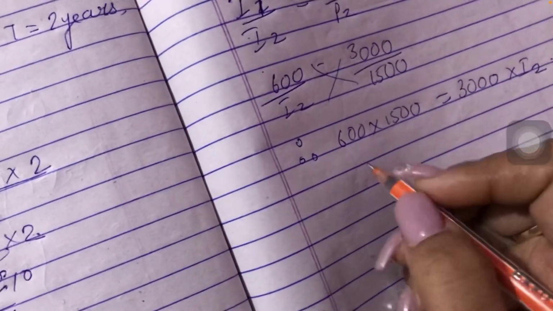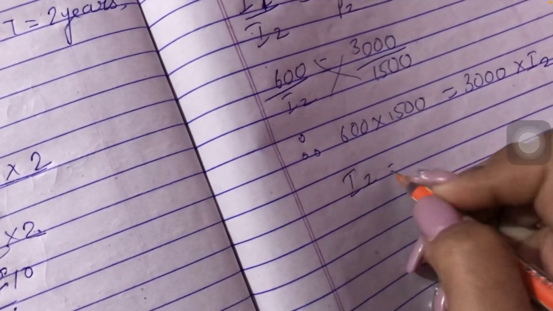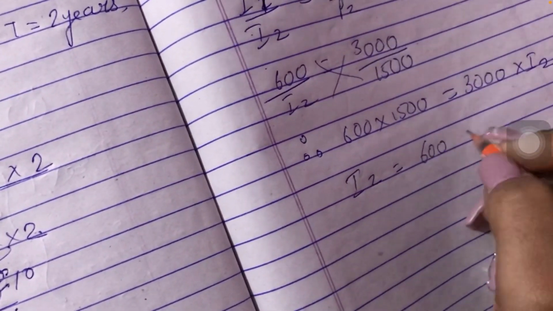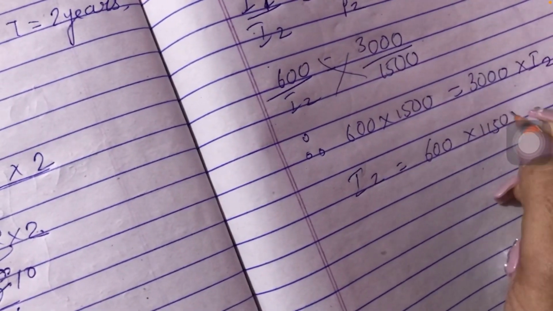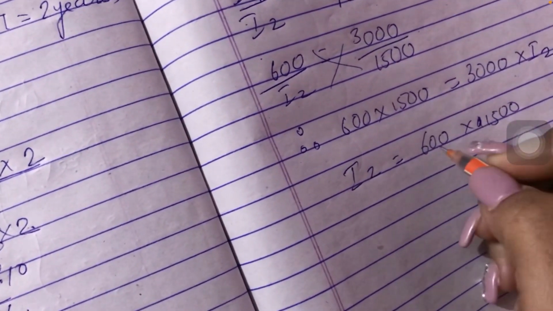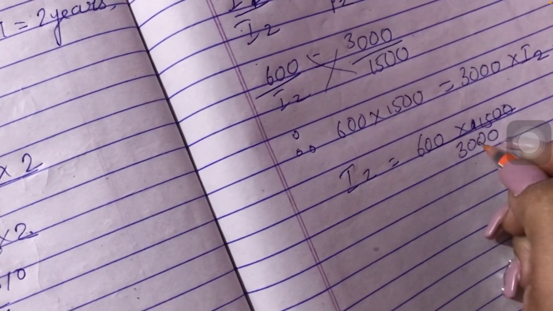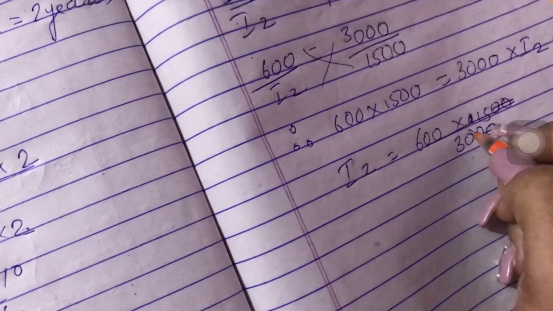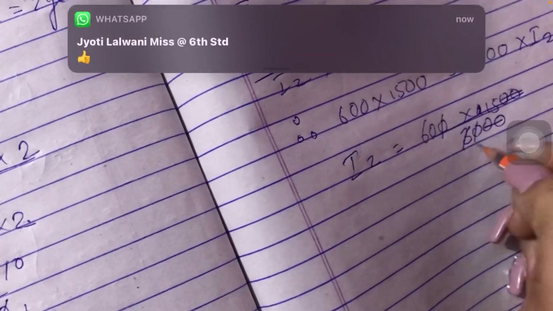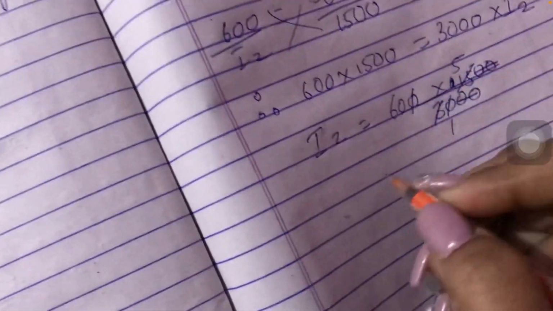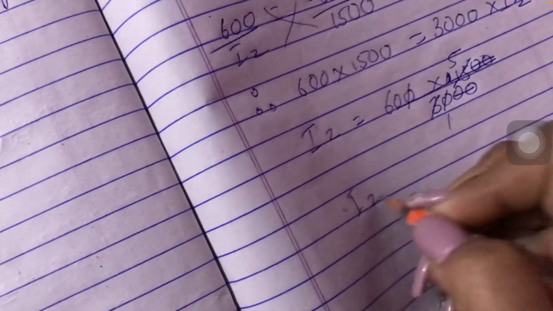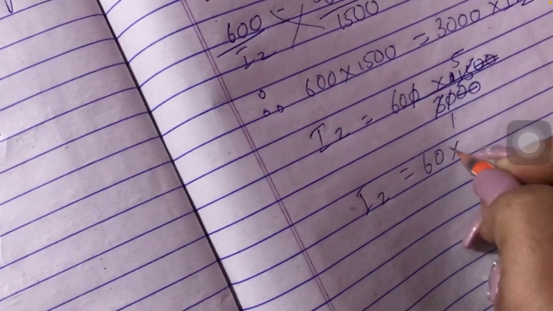Now this I2 is equal to 600 into 1500 upon 3000. Cancel the zeros. So 3 ones are 3 and 3 fives are 15. Now I2 is equal to 60 into 5.